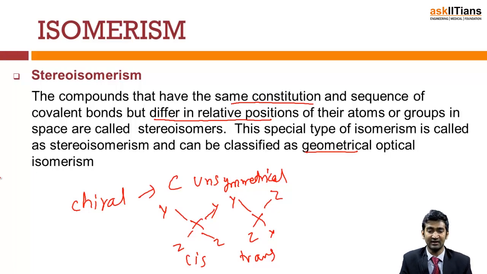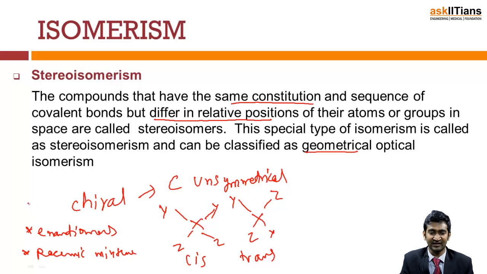What do we mean by enantiomers? So make a keyword here, okay? Enantiomers. Then your racemic mixture, chiral center. Make a note of it from the video.